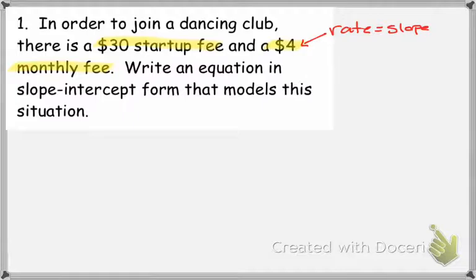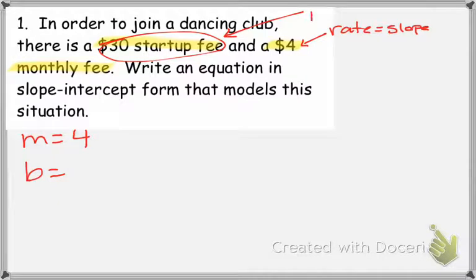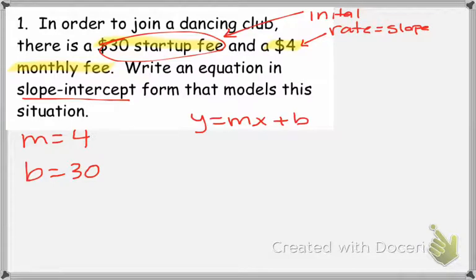So we can write that m is equal to 4, and our b is going to be our initial value. So we have to start with paying $30. So that's going to be our initial value, right? And that's going to be $30. Okay, so we're going to write it in the slope-intercept form, which is y equals mx plus b, right?